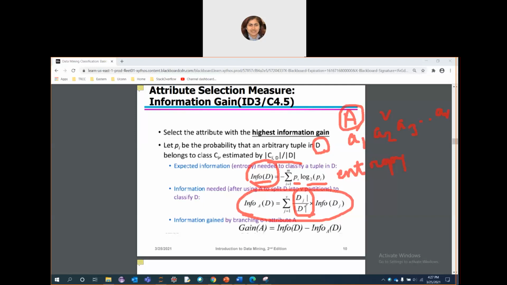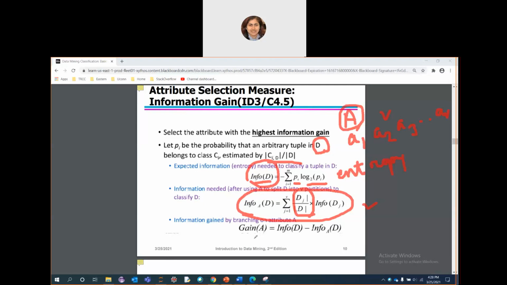While we're splitting the various attributes into multiple partitions, which partition does it belong to, and this points to the weight, and this is how it is calculated. So Info_A(D) is the expected information required to classify a tuple from the dataset D based on the partitioning by A. That is your information needed for splitting on attribute A.